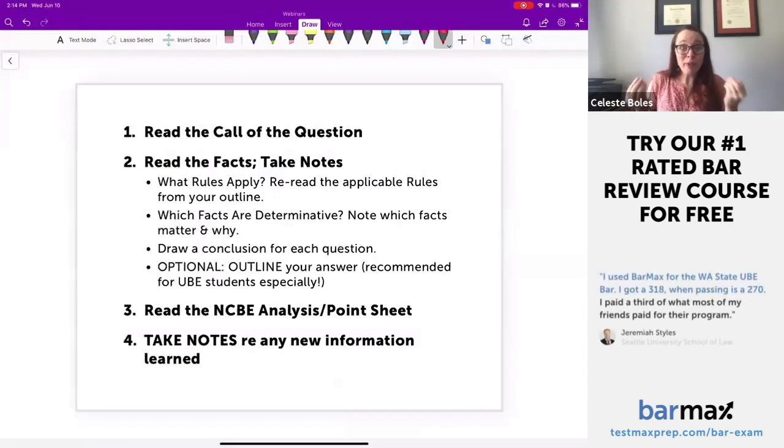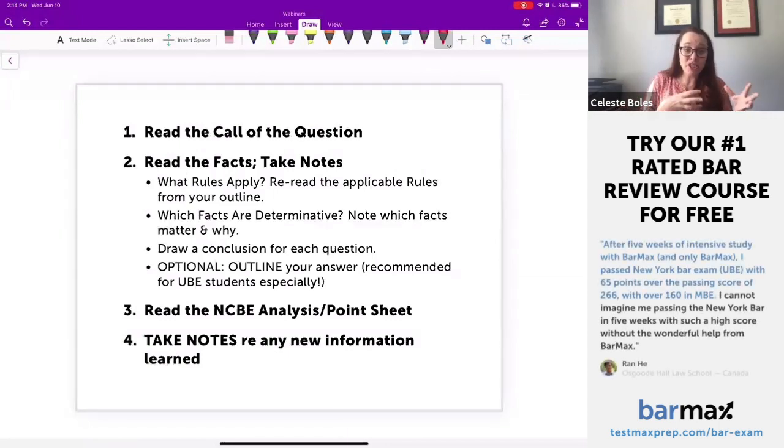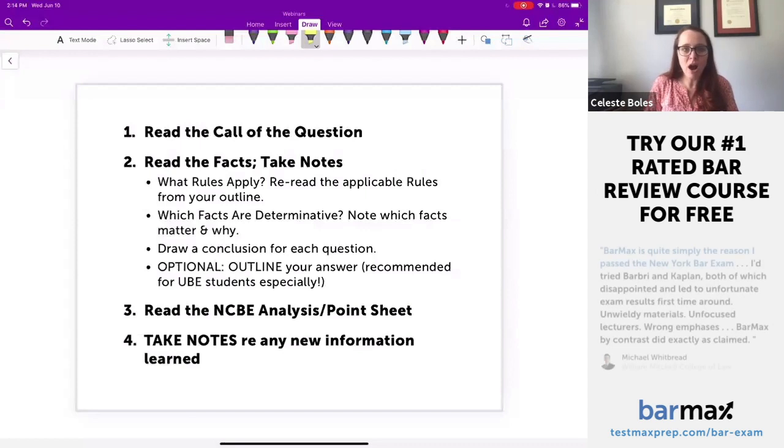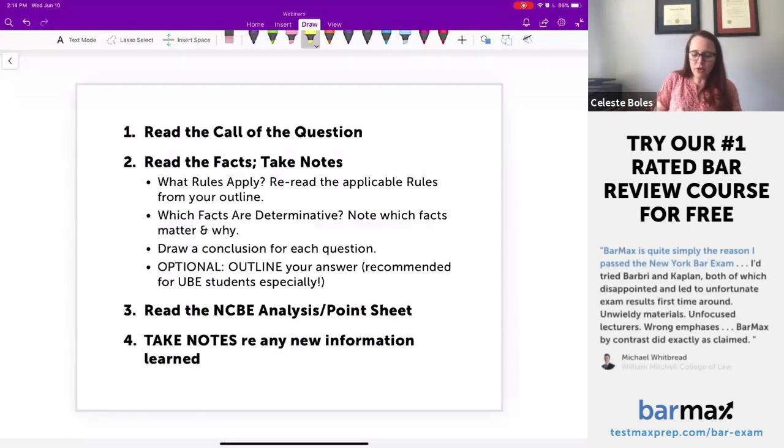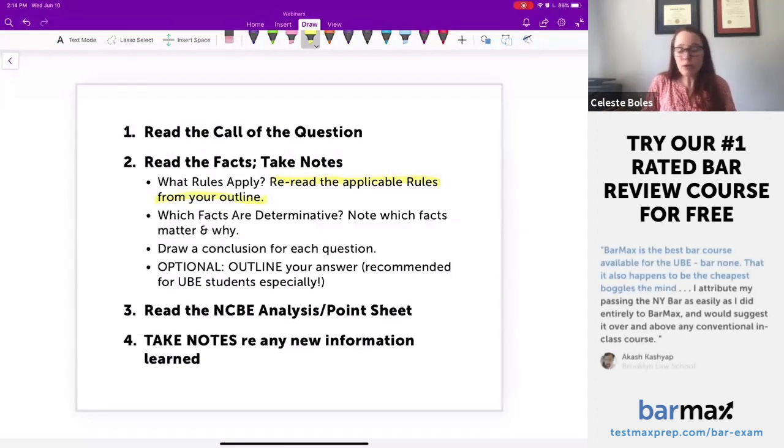Now, if you've been paying attention to my advice, we promote an active study method for MBE questions. And the same thing applies here. When you have this question in your hot little hands, you're going to use that opportunity to review your outline. You're not using this question to test what you remember.